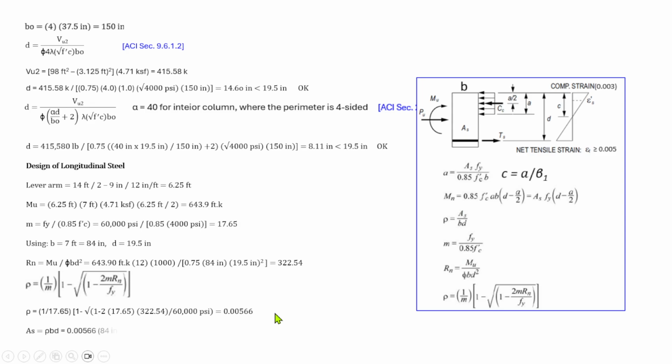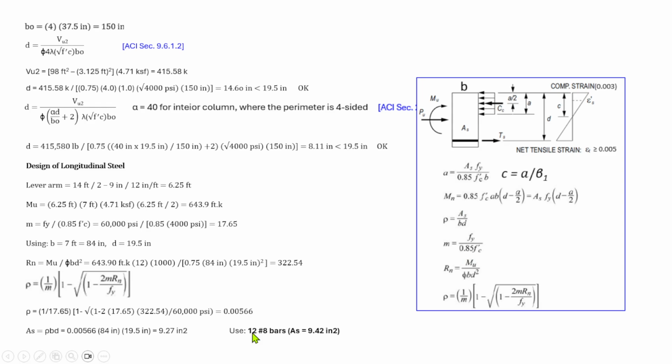So the result of steel ratio rho is equal to 0.00566. So the area of the steel is rho BD, which is 0.00566 times 84 times the depth, and we will have 9.27 square inch of steel. So if we use number 8 bars, that would give us a total of 12 pieces of number 8 bars.